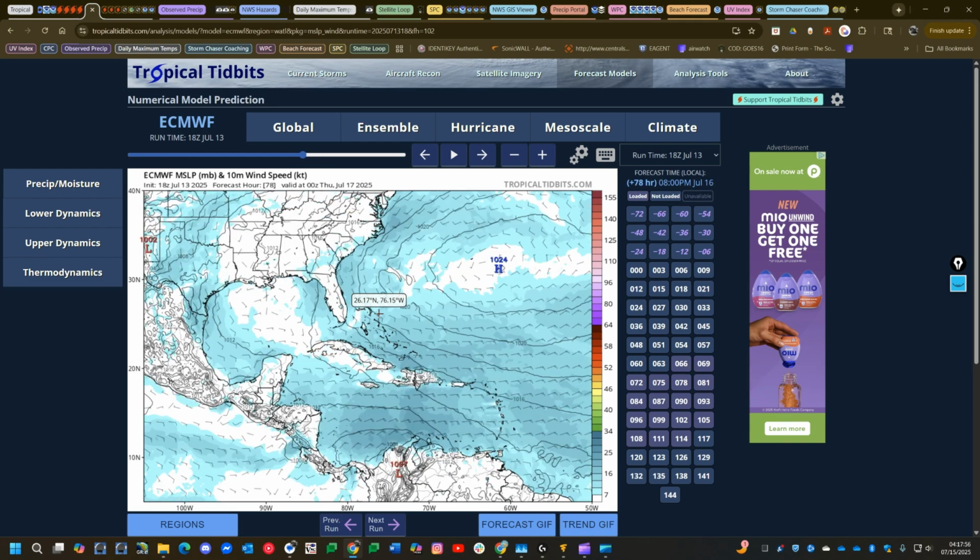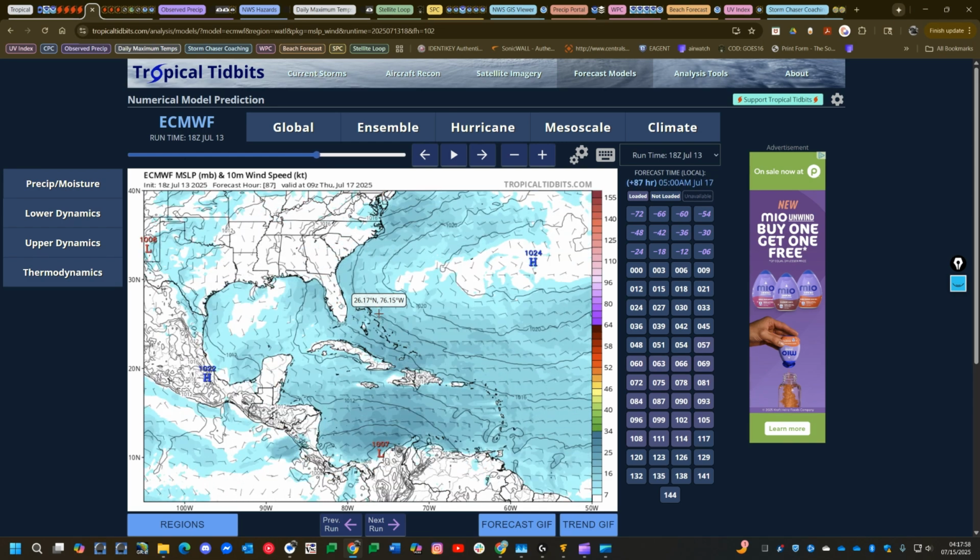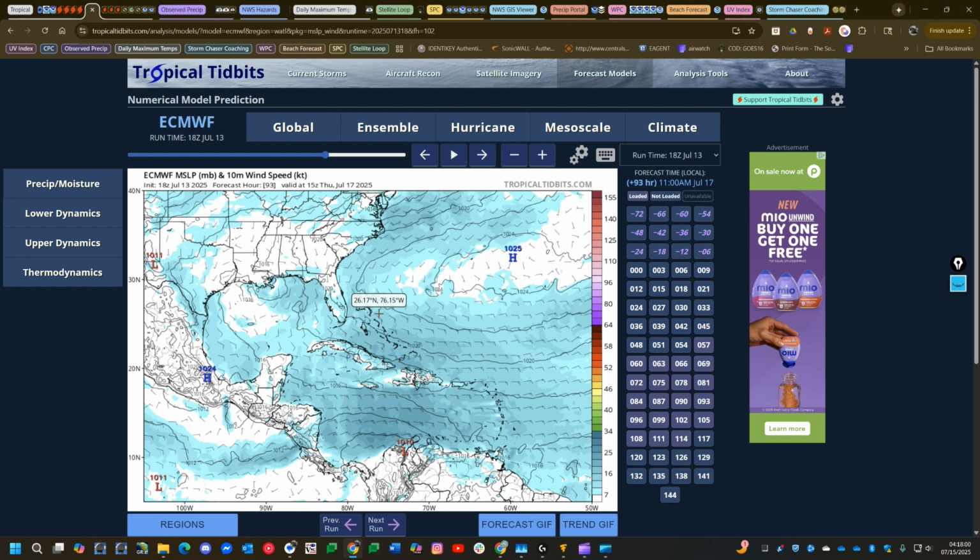It doesn't even show low pressure really, anything of note. This is the operational run, so the ensemble kind of shows something different. I'm not really convinced that the operational run is what is reflecting the ensemble members. So I think it's still quite uncertain what's going to develop here.